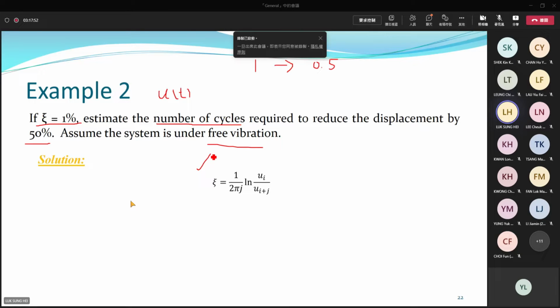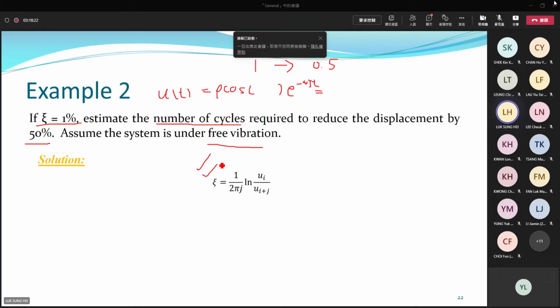If you use the original formula, u equal to rho cosine, and so on, it takes you more time because you need to operate the cosine function and exponential function, one at a time, to find when displacement drops by half. It's more difficult if you use the original form.